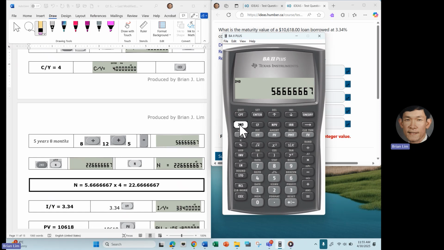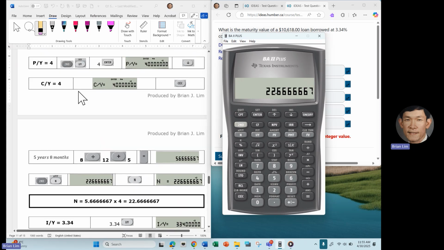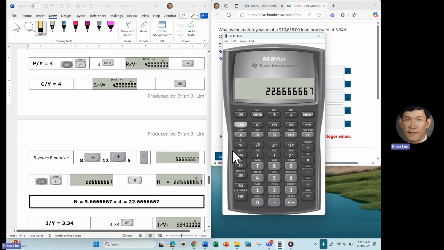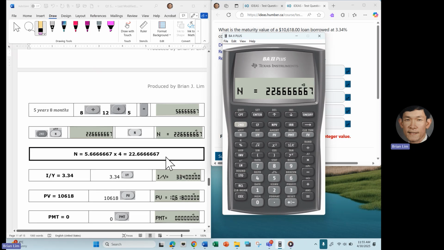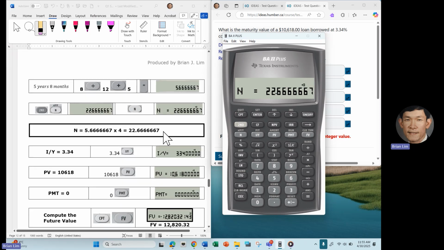Now we go second N, which multiplies by the PY value of 4. The number has not yet been entered into N, so we click N and there it goes in. That is the correct value as we see displayed there.